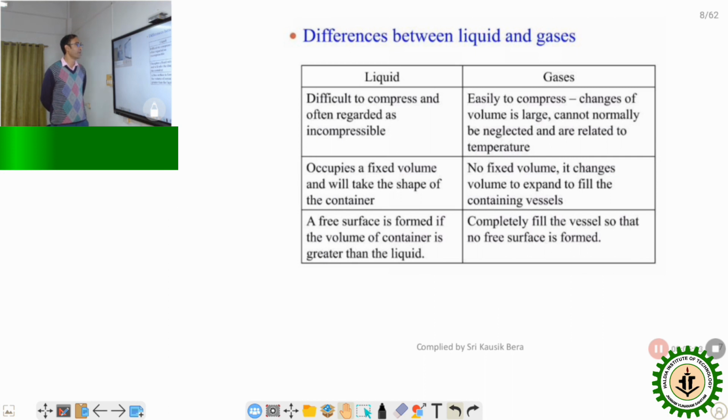A liquid occupies a fixed volume and takes the shape of the container, but a gas has no fixed volume. It changes volume to expand and fill the containing vessel. For a liquid, a free surface is formed if the volume of the container is greater than that of the liquid, but gases completely fill the vessel so that no free surface is formed.